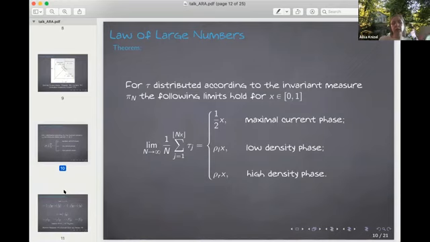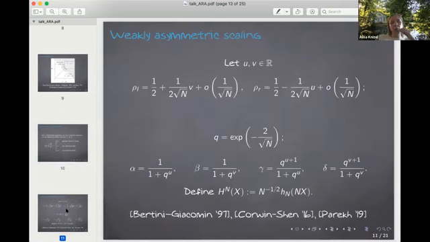Now I will explain how the connection between the open ASEP and the KPZ equation is made. It's made through the consideration of the following weakly asymmetric scaling of the ASEP. Here we again have these parameters u and v, which are real, and we scale the parameters ρl and ρr near the value 1/2.